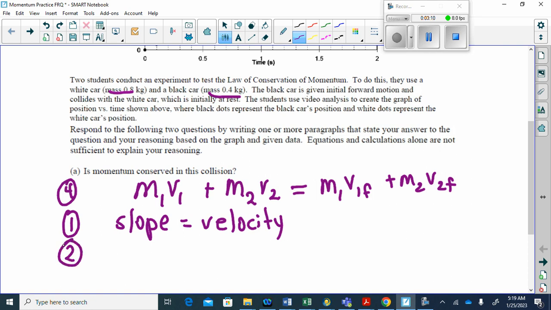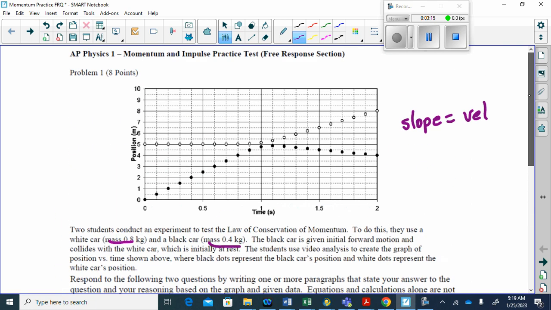Second thing you need to do is find the slopes of both carts before and after. So let's look at the white cart. The slope from the first 1 second before the collision. So this is the collision. This is the event that changes their velocities.